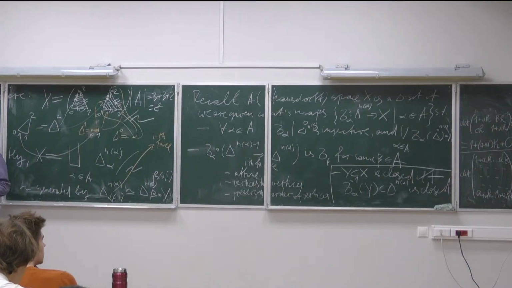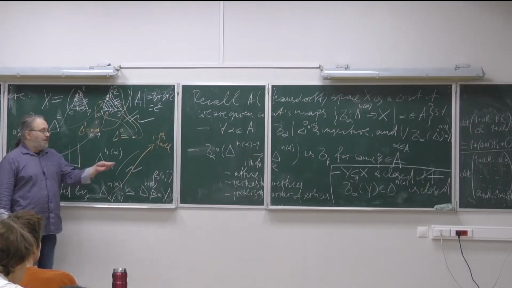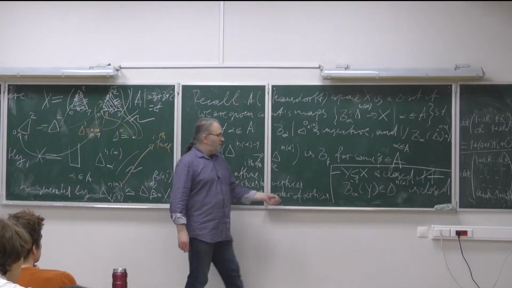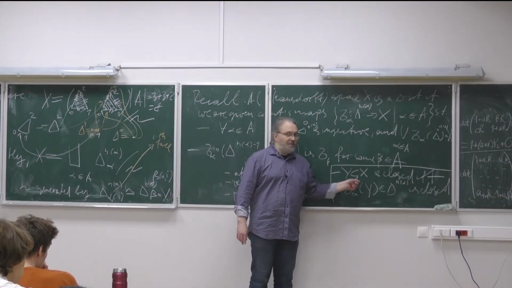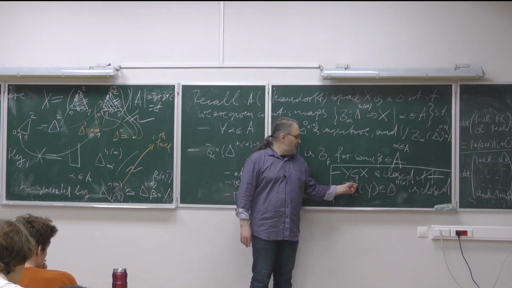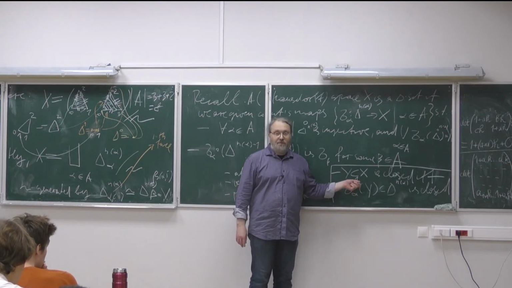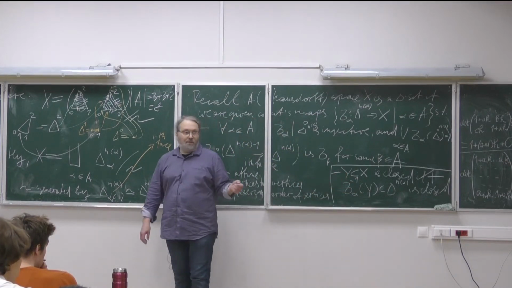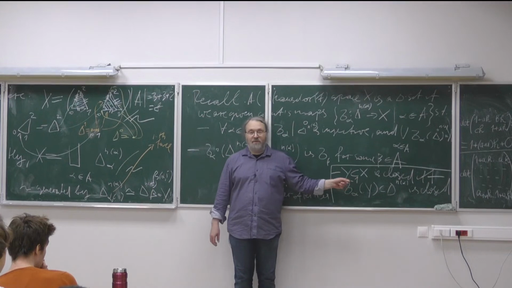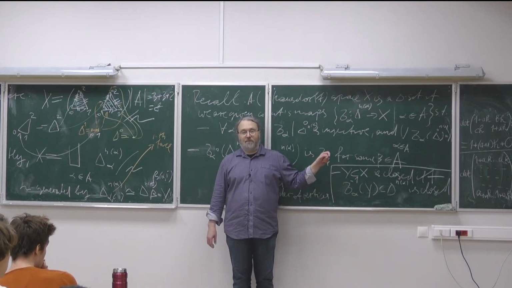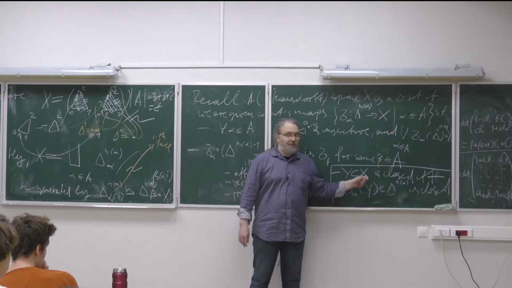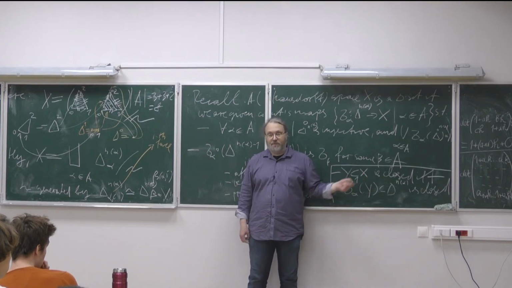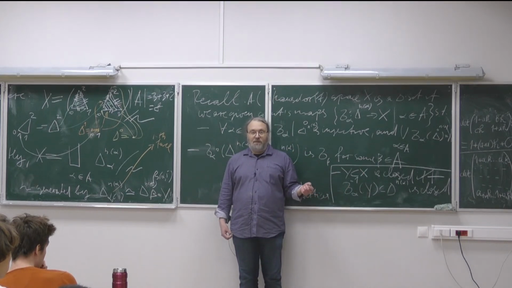So the first step, if Y is closed, the intersection of Y with each image of sigma alpha is closed. Closed where? Closed in the image of sigma alpha.